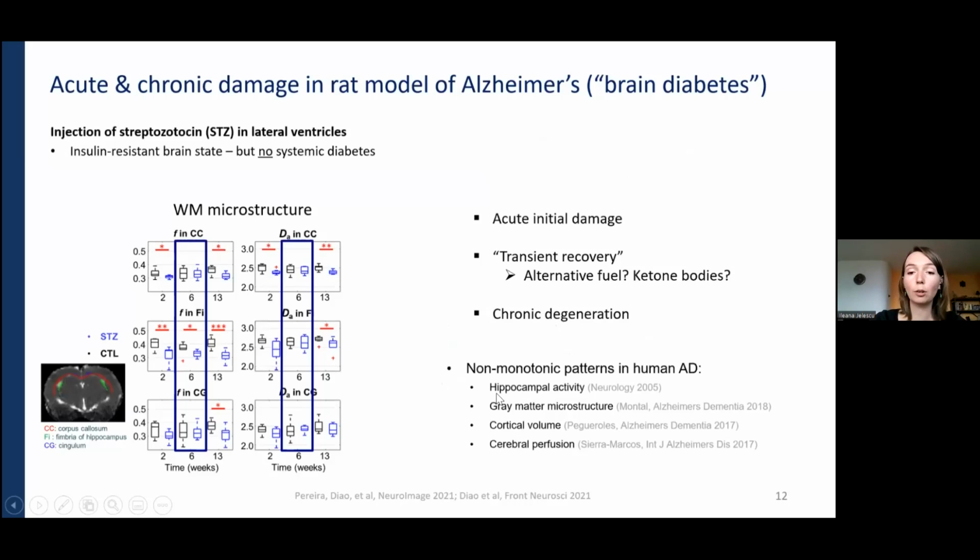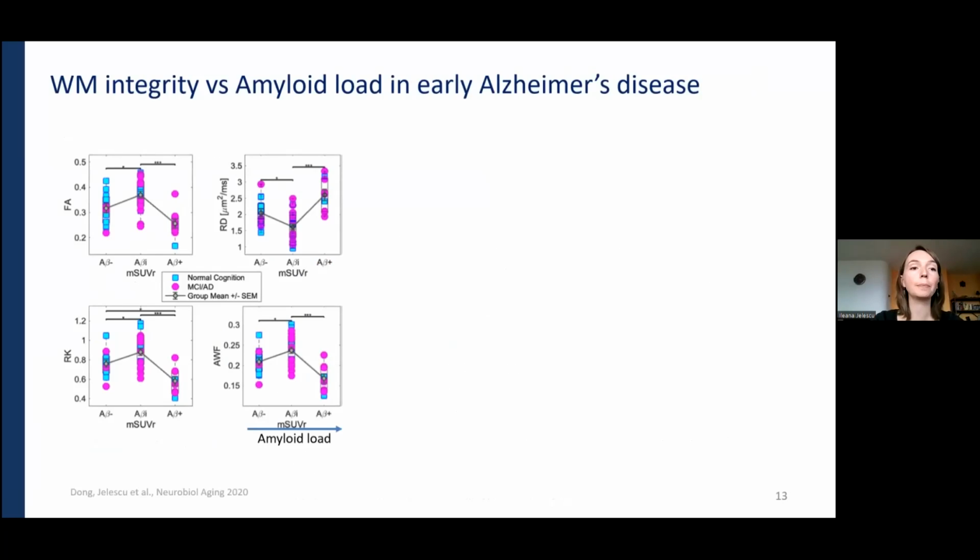So you have these same non-monotonic patterns in hippocampal activity, gray matter microstructure, cortical volume, or even cerebral perfusion. So you can see how the white matter microstructure really helps you track these different steps of disease progression and also inform specifically about where the insult is most likely happening or dominating.